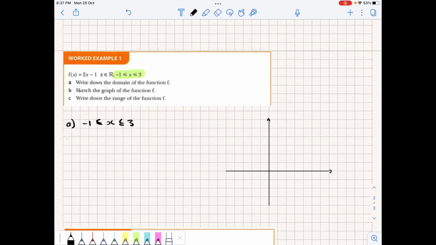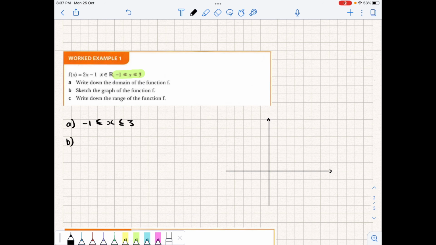The second part says sketch the graph of the function f. So because the function can only exist between a certain range of x values, we want to know the value of the function at the edges of these two domain restrictions.